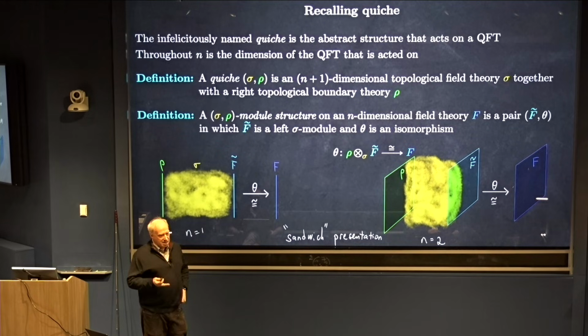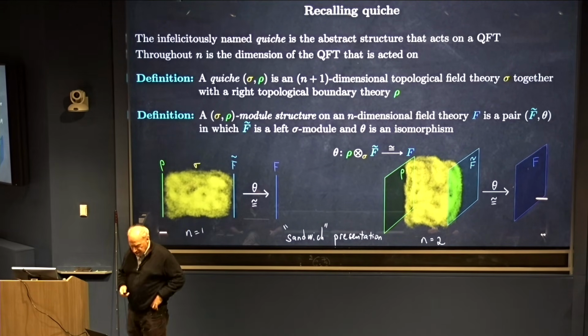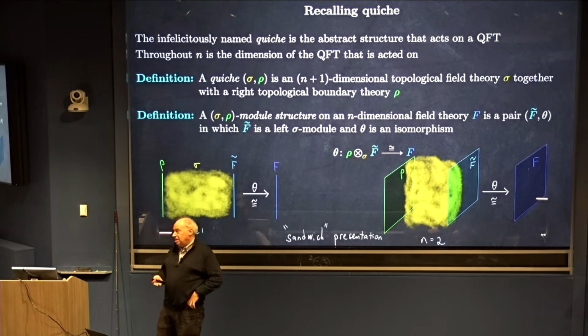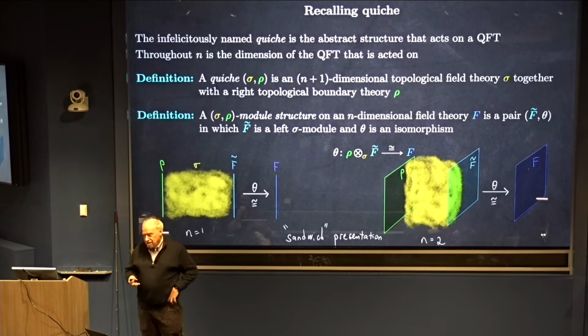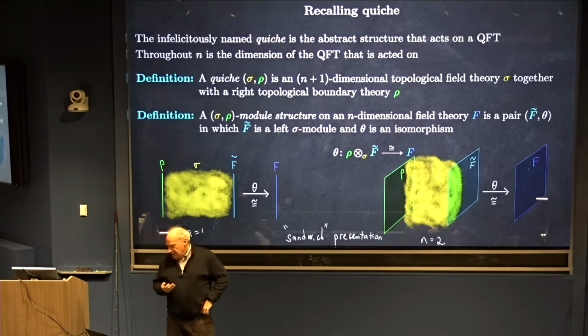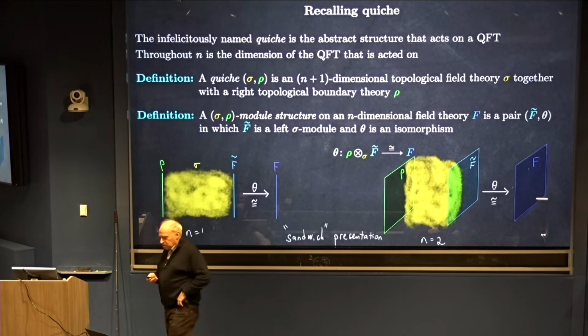Quantum theory is linear. It's really projective, but in this talk, we're not talking about anomalies. So it's linear, and you should think of sigma as being analogous to an algebra, and rho being analogous to a right module. Often we can choose it to be the regular module. And it acts on a vector space F, and the action is given by a left module, F tilde.